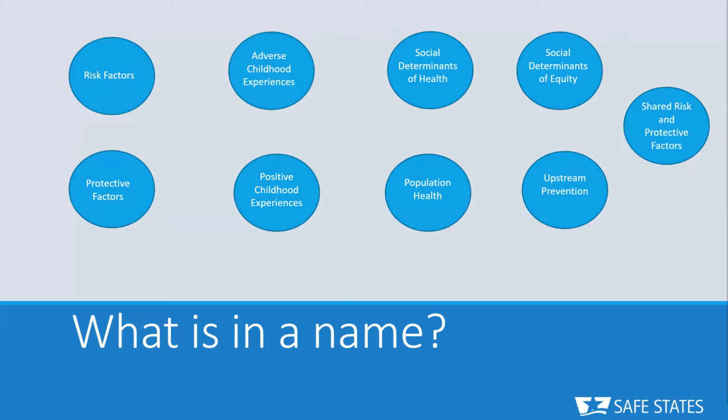So, sure, there's some slight nuances in addressing social determinants of health at the policy level and what that might mean for structuring programs, but at the end of the day, we may be talking about the same thing. Very similarly, population health is also a term you hear quite a lot.